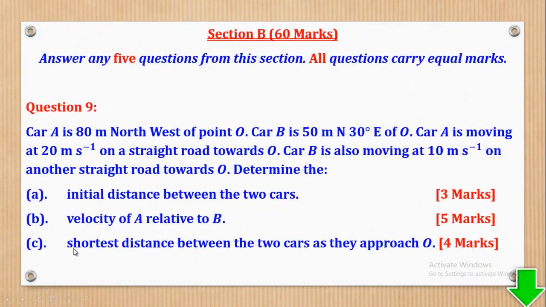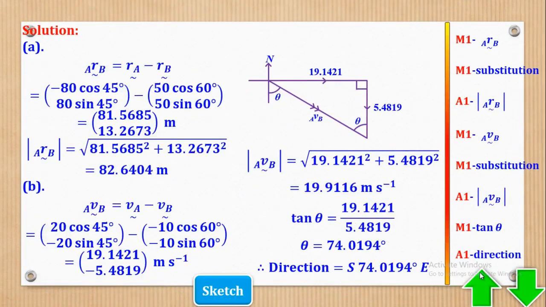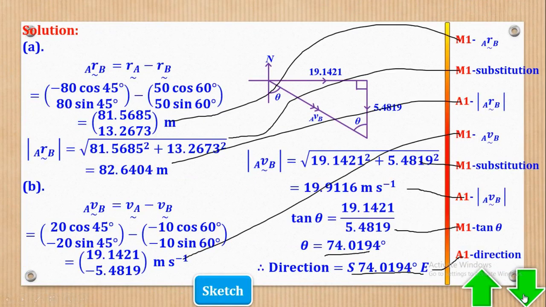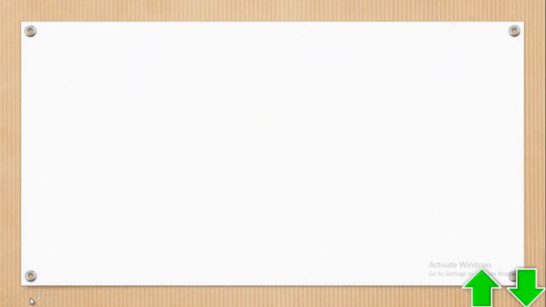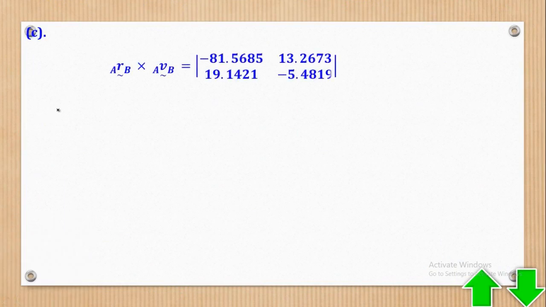Then pass to the one with the shortest distance between the two cars as they approach O. So first of all, we shall get the cross of R relative position and relative velocity.